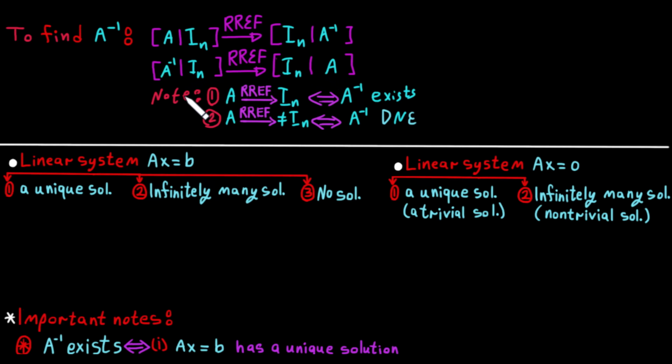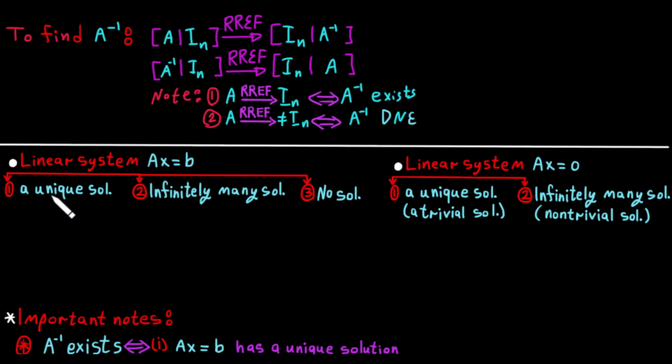The important note here: if you can transform A to the identity, then A inverse exists, which is very important for solving the system. We know from before that a unique solution can transform to the identity, but infinitely many solutions and no solution cannot transform to the identity.